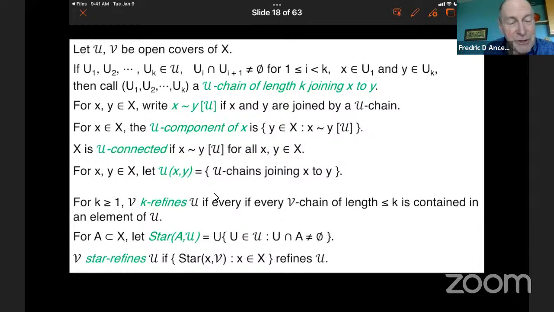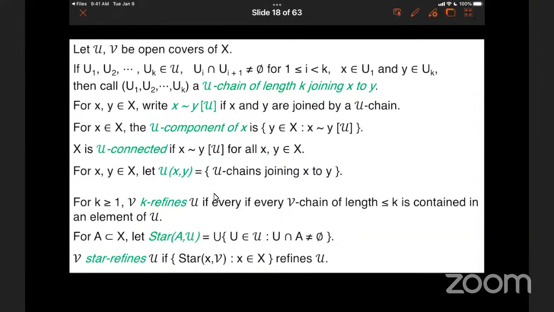And the notion that one cover star refines another is that the stars in V refine U.